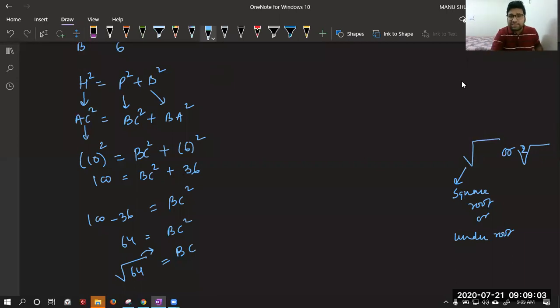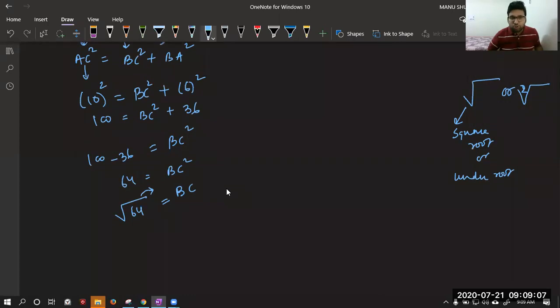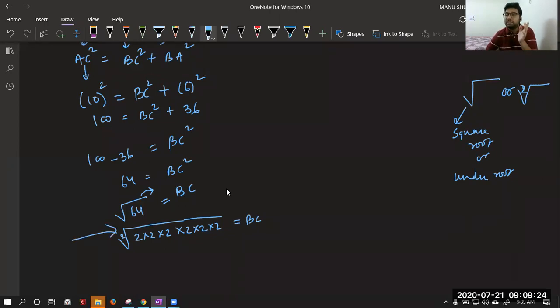So the answer came as 8. Why did it come as 8? Because 64 is the same as 2 into 2 into 2 into 2 into 2 into 2, under the root. And here outside is 2. This is the guard of this square root.